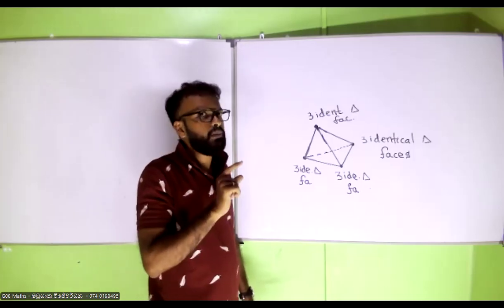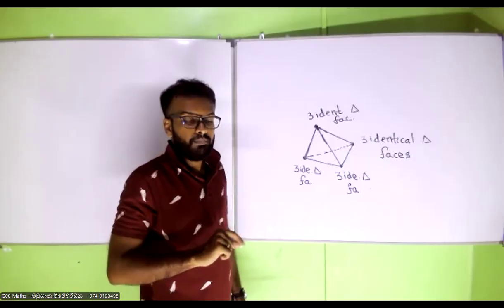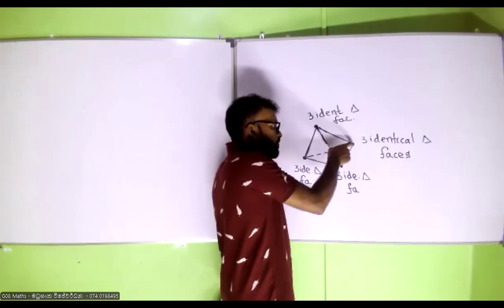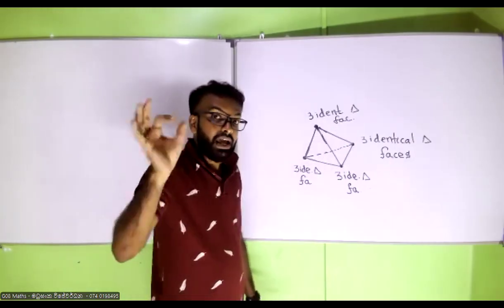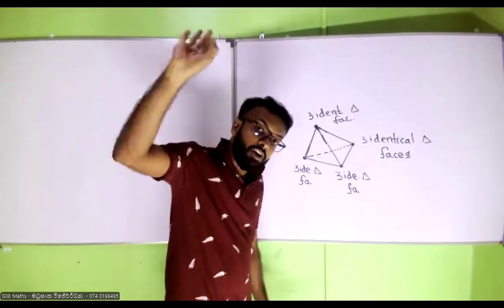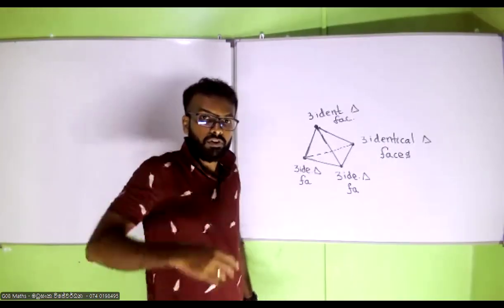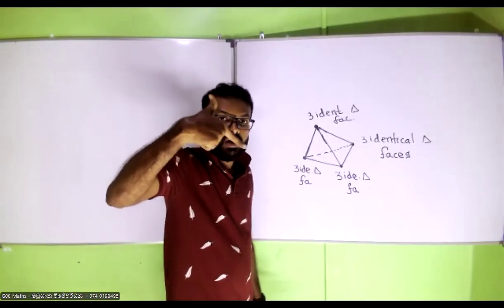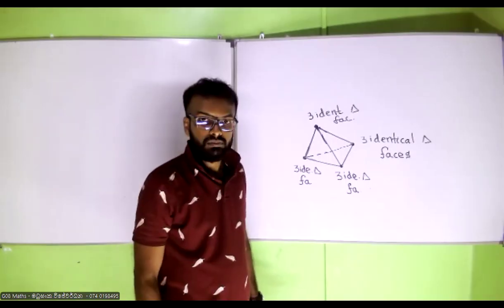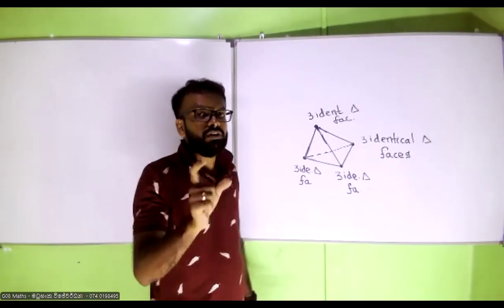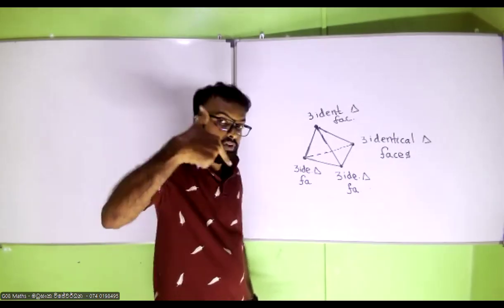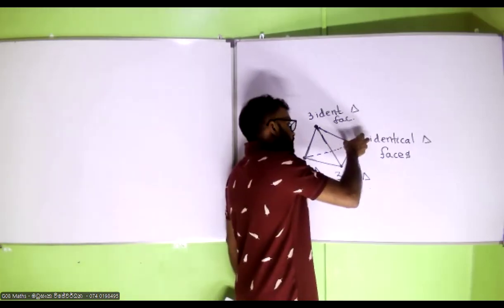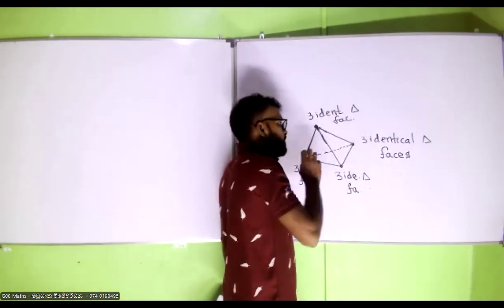Normally a solid is called a platonic solid if the number of faces meeting at each and every vertex is the same, and those faces are identical. First property is the same number of faces. Second property is those faces should be identical to each other. Then we call this solid a platonic solid.